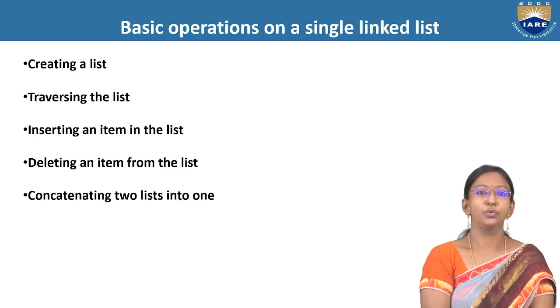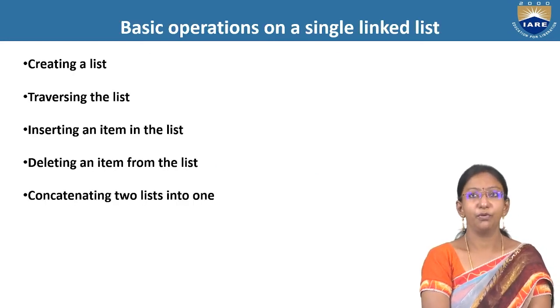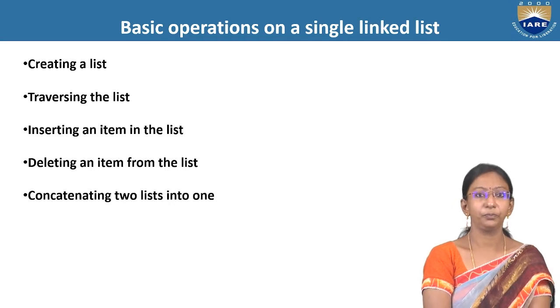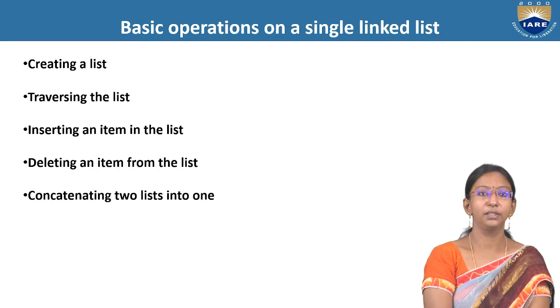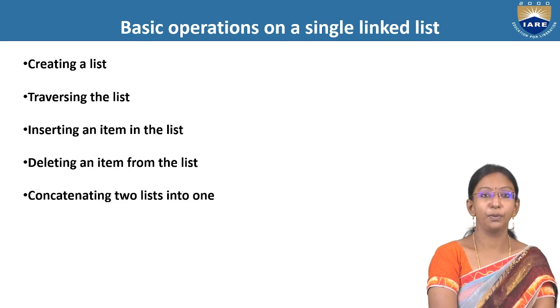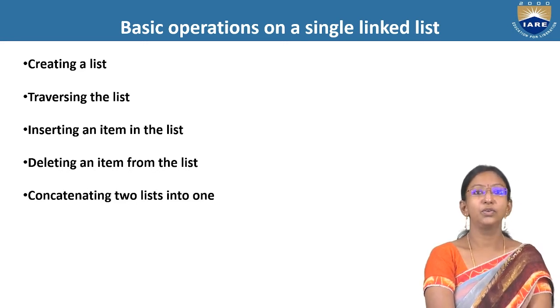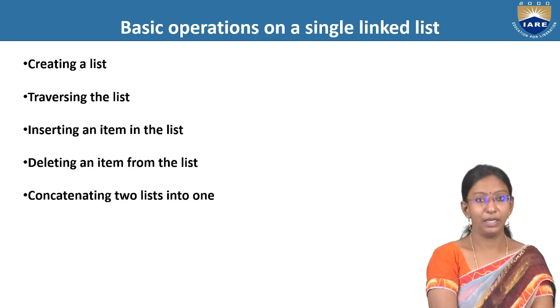Let's move to what are the operations that we can perform on a single linked list. Whether it is a single, circular or double linked list, the basic operations that we perform will be the same. The first is to create. Then is to traverse, that is hopping from one node to the other to get the list of elements that we have.